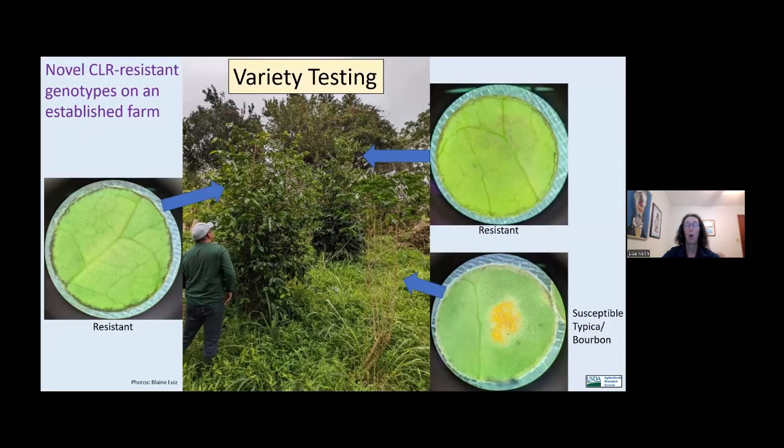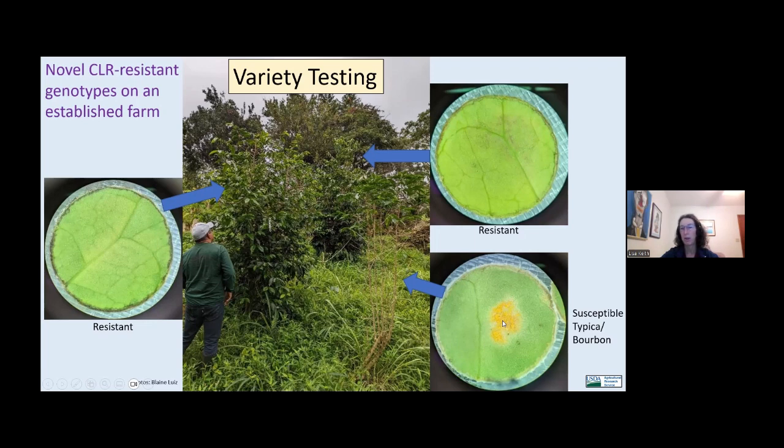In the meantime, there are almost 800 small farms on Hawaii Island alone, and while the incidence and severity varied, all areas were affected by coffee leaf rust. Here's an example of this tree, completely defoliated, and using the leaf disc assays just to show what's happening in the field, now we can look at it in the laboratory.